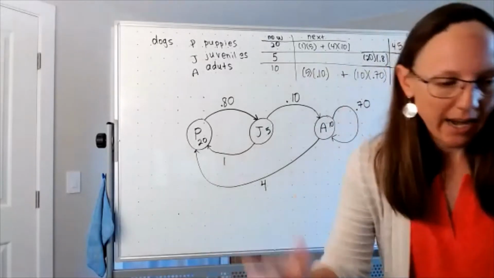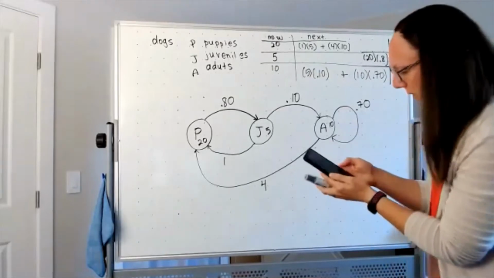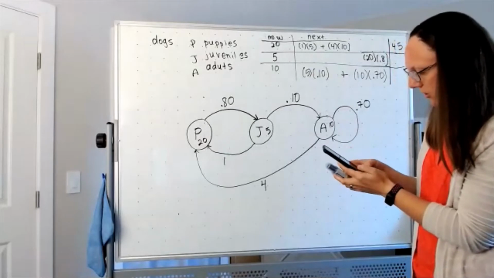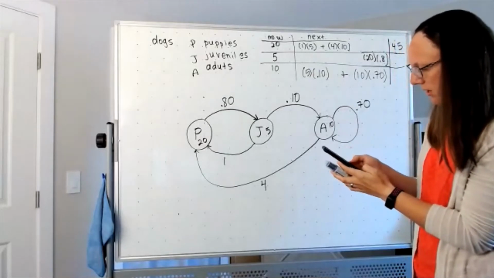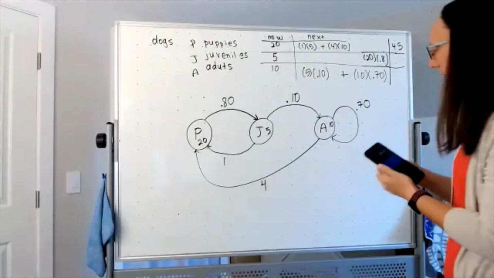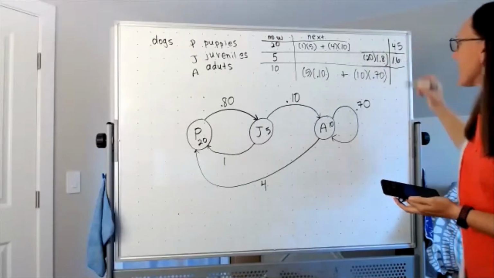20 times 0.8. My calculator, I don't know where it is. Okay, 20 times 0.8. You would think that I could do that in my head, and I could if I wasn't thinking too hard, but I am. So 16. Thank you. 16 juveniles.